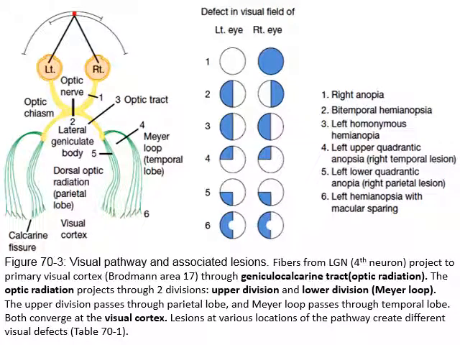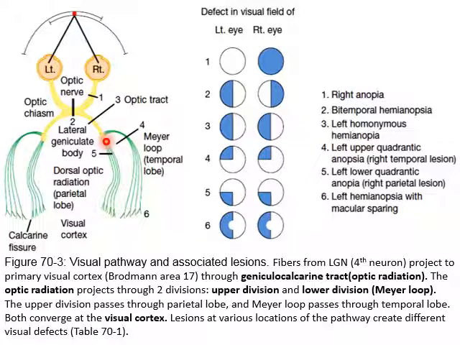In this slide, we continue to learn about the visual pathway. So far, we have reached the level of the lateral geniculate body, which is the fourth order neuron. The fibers from the lateral geniculate body that reach the visual cortex are called the optic radiation, but they don't have one direction; they have two.